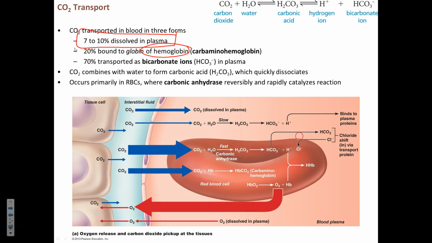And 70% is transported as bicarb. And this is the reaction that forms bicarbonate ion. Did you see it before? I bet you did. When we did the gastrointestinal system, we saw this reaction in parietal cells of the stomach, and in acinar cells of the pancreas. Right?